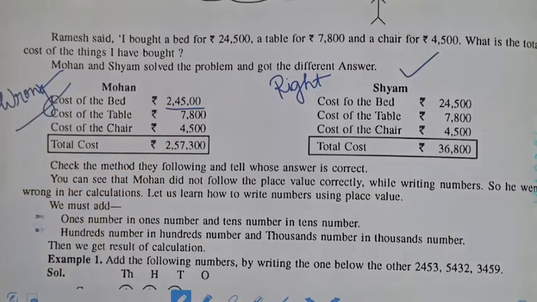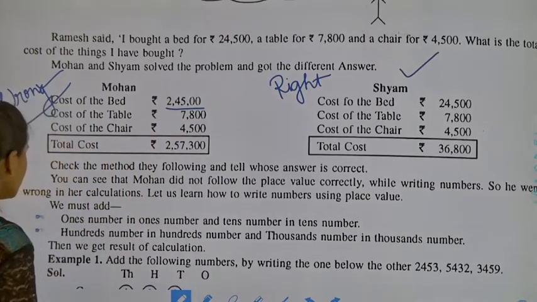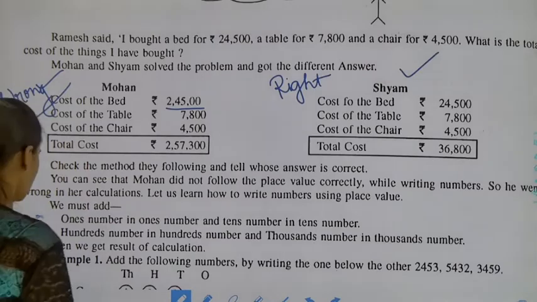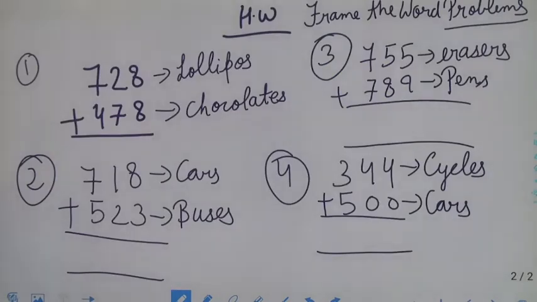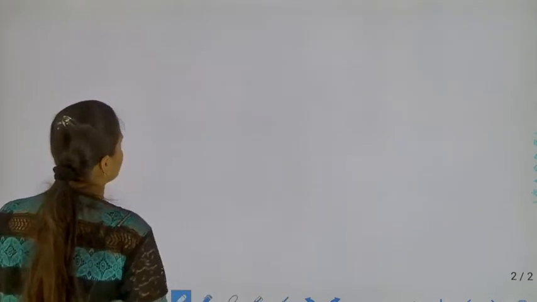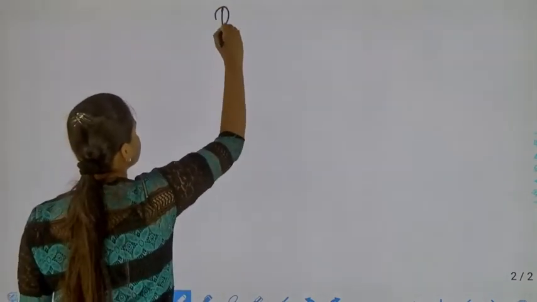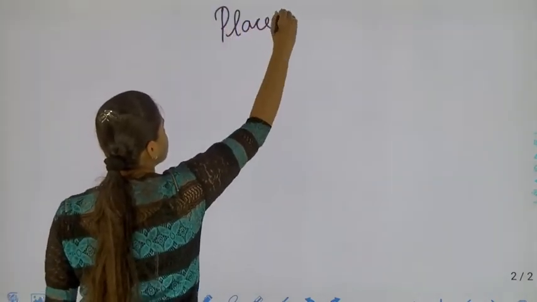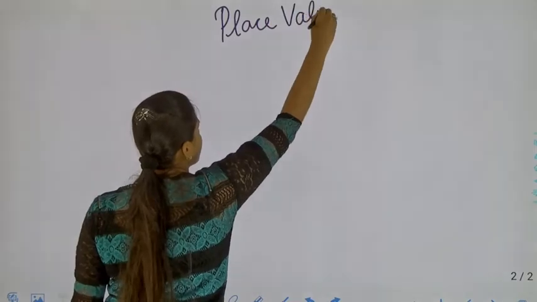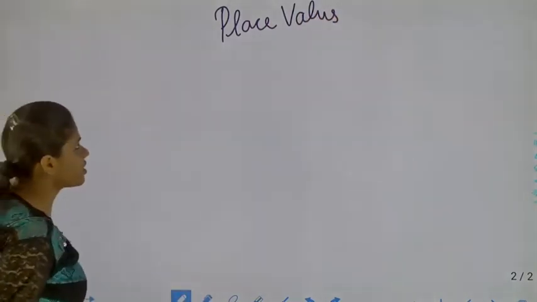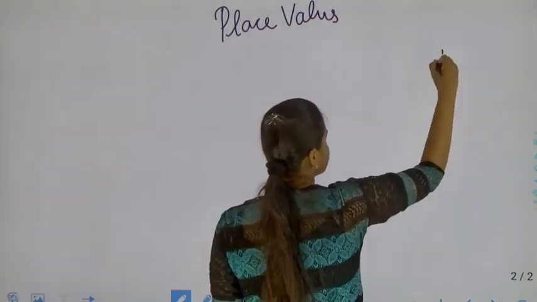Let us learn how to write numbers using place value. तो students हम ये understand करेंगे what is the place value. हम हमेशा कहां से स्टार्ट करेंगे, फ्रॉम ones.